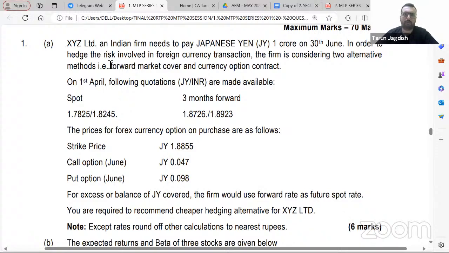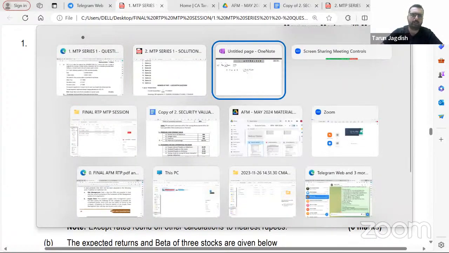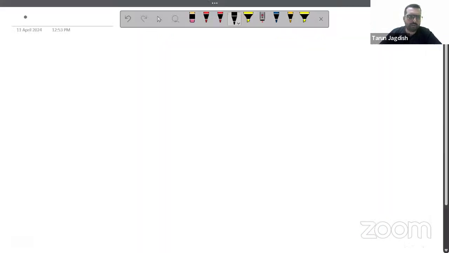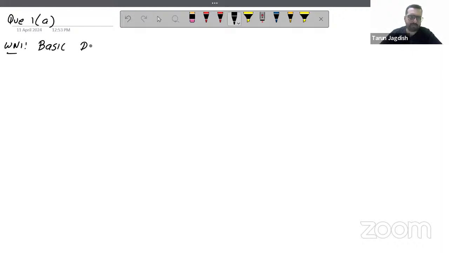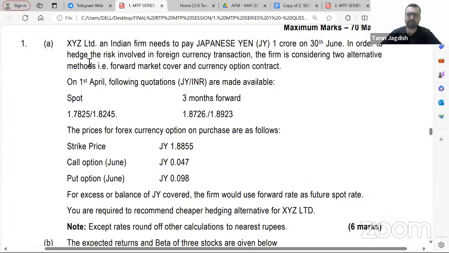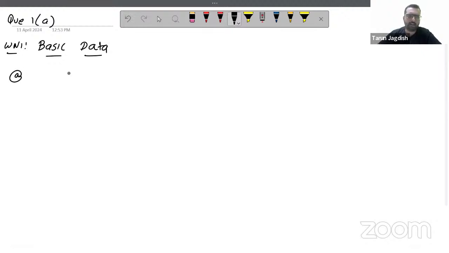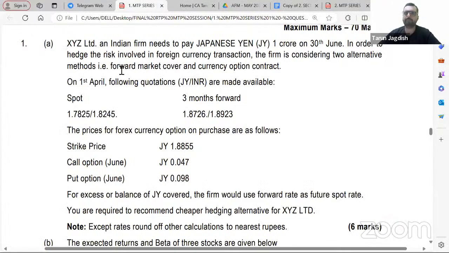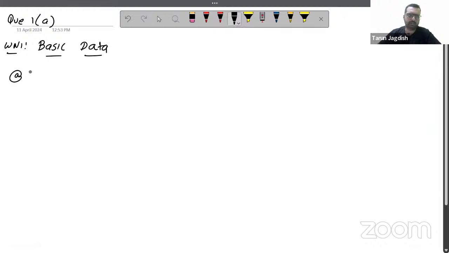All right. Now, XYZ is an Indian firm which needs to pay Japanese yen 1 crore. So I'll write down question number 1A. Working note number 1. Basic data. There I'll write down point number A. Yen payable.